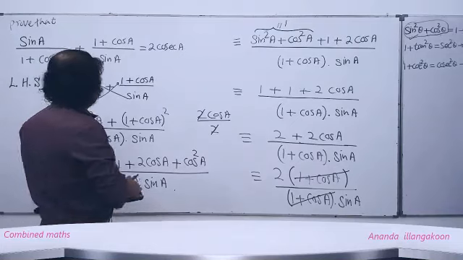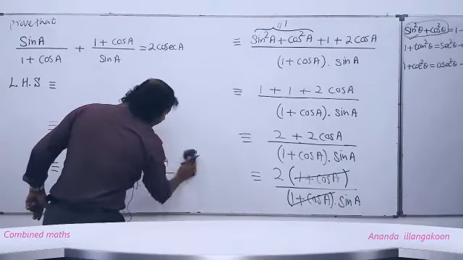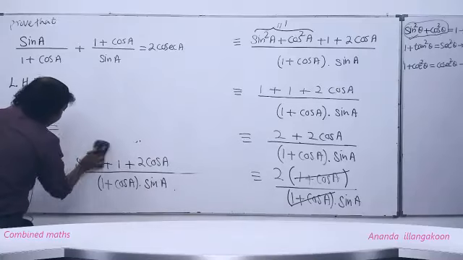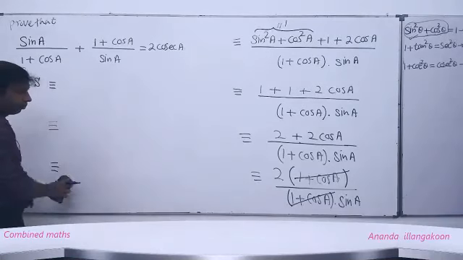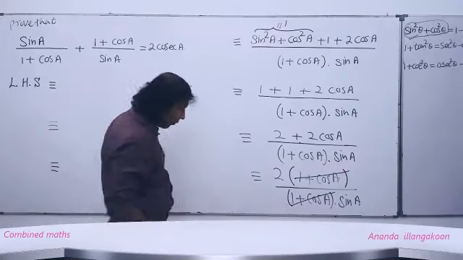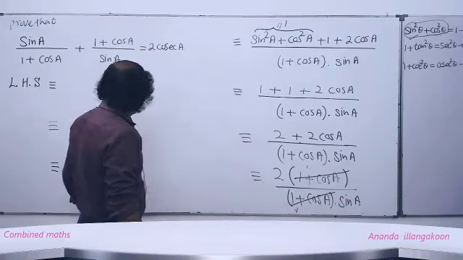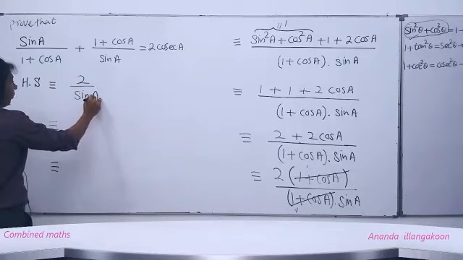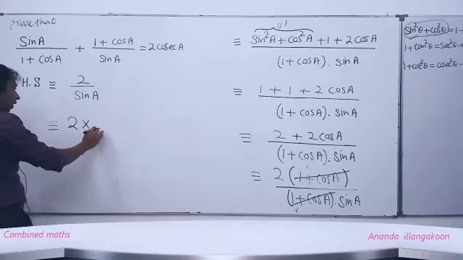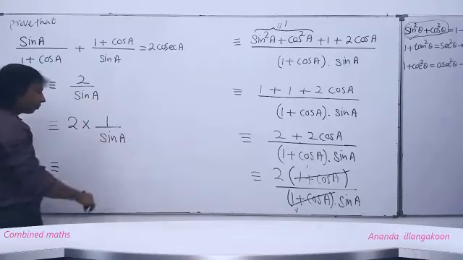Now see what happens. So now after cancelling here, we get 1, here also 1. 2 into 1 is 2, 1 into sine is sine, so we have 2 divided by sine. Even this 2 divided by sine, I can write as 2 multiplied by 1 divided by sine. Why?